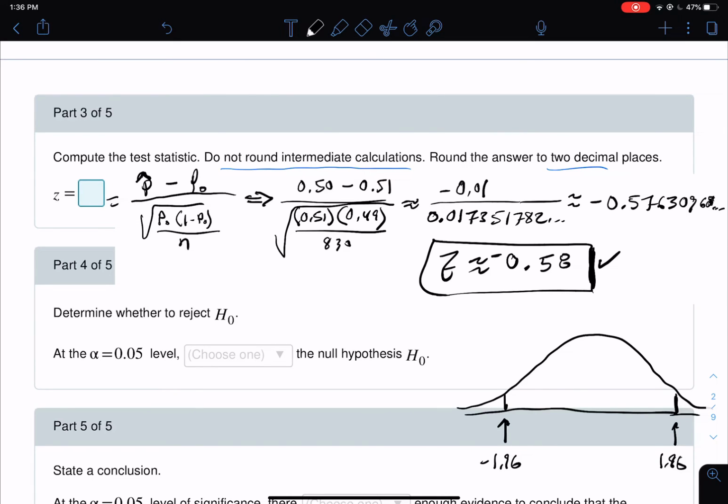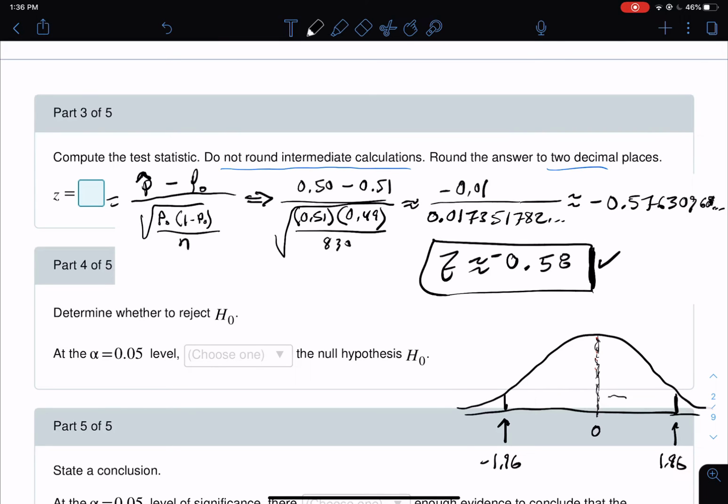The big question is, this is our 0. We expect our sampling data to be close to our population proportion, which would be at 0 on our standard normal curve.